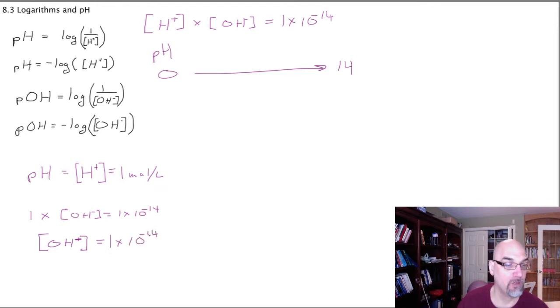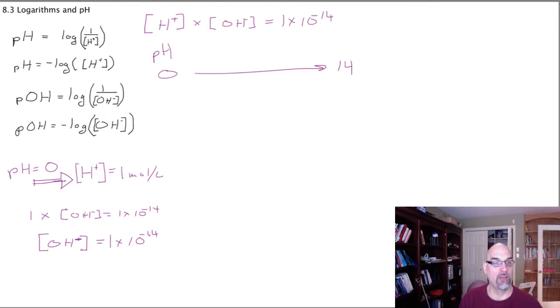And I've written that, but I don't like the way I've written this. I just want to fix this here. Because really what I'm saying is, when my pH equals 0, then my H is equal to 1 mole per liter, and we saw that just in the last slide.